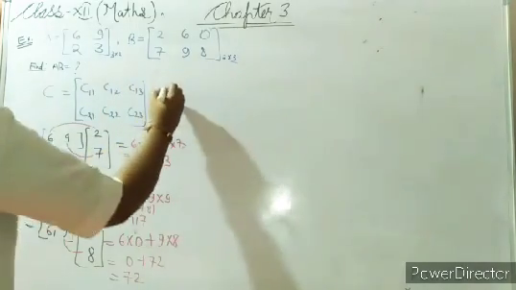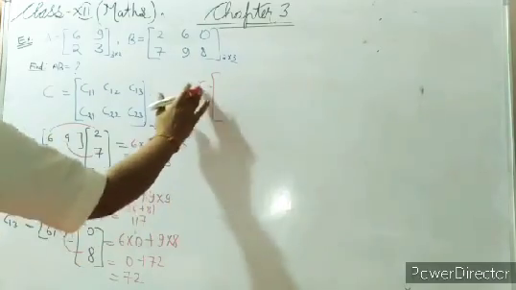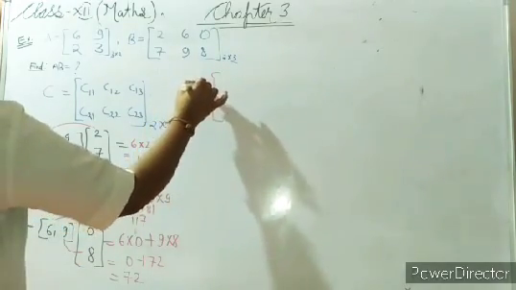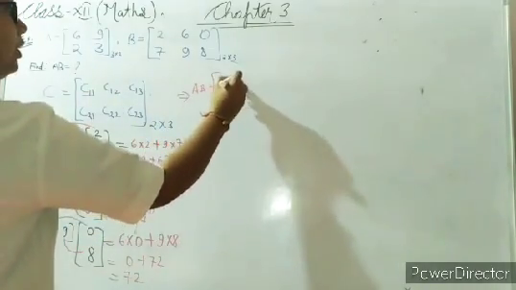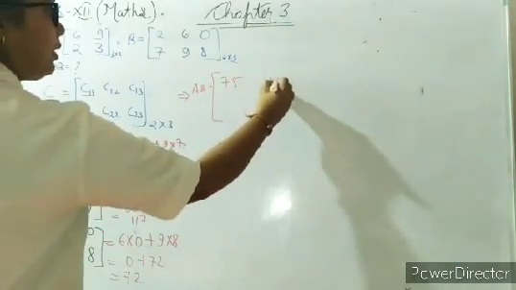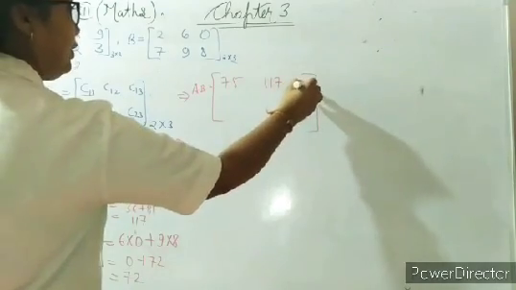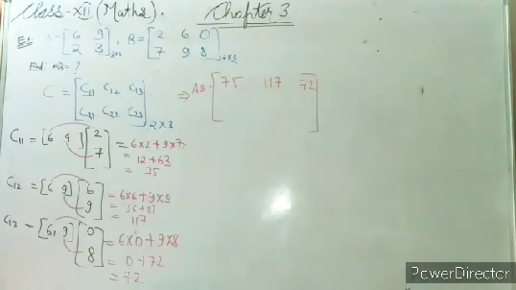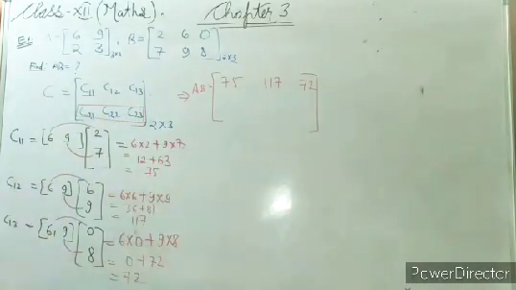So this row becomes C, that is, A into B. Okay, in place of C11 we write 75. In place of C12 answer is 117. And in place of C13 it is our 72. Now pause the video and see. Find these values. Try to find all these values. Pause the video and do it yourself.